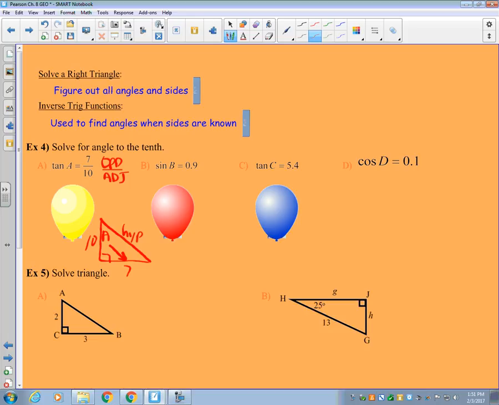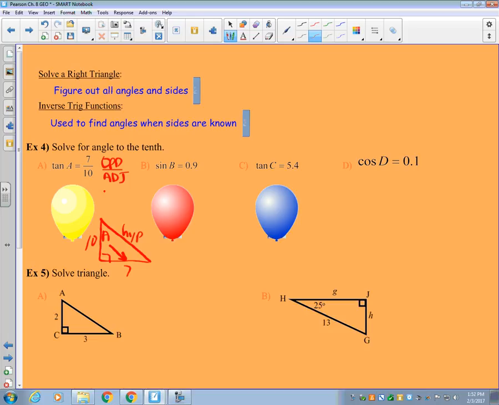So when I have two sides and I want to find the angle, I'm going to take the inverse tangent or inverse cosine or inverse sine to find that missing angle. And let me show you how that looks.